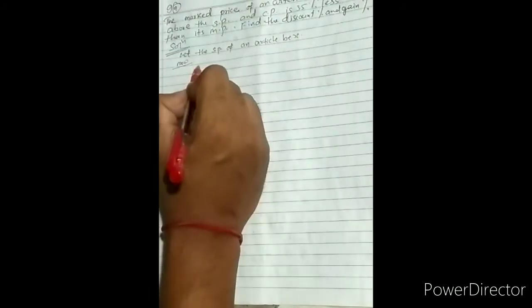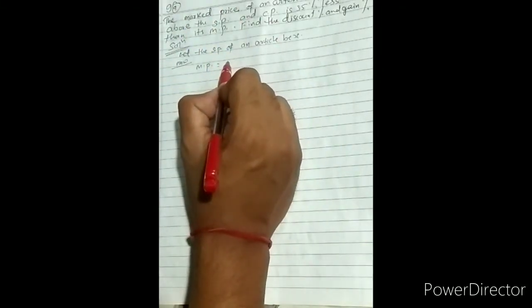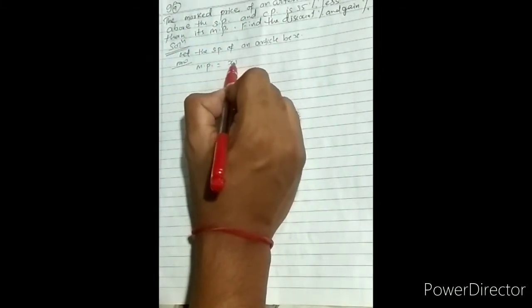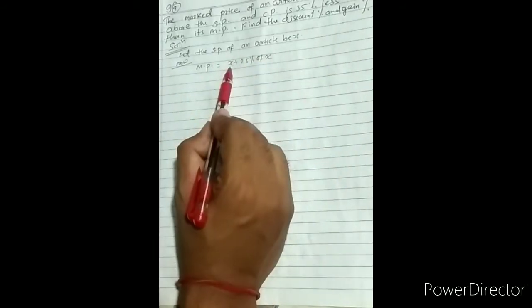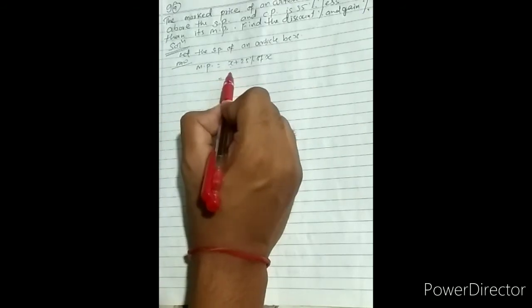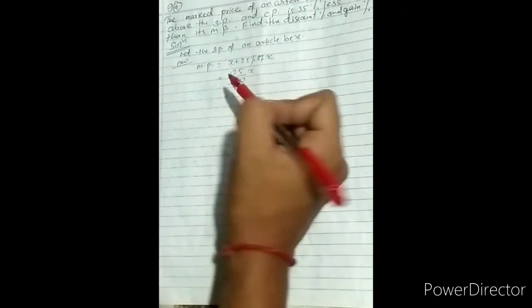Now we can find MP. What is MP? 25% above the selling price. So x plus 25% of x. Selling price is x, 25% above, so directly we can write 125 by 100 x.